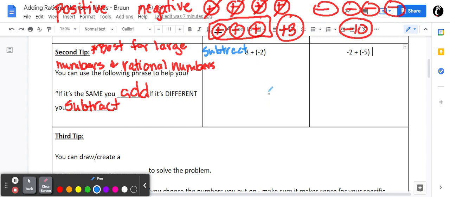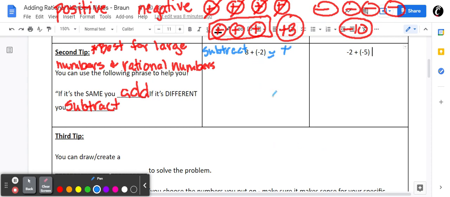And I also want to figure out first, is my answer going to be positive or negative? When we are adding, our answer will have the sign of the larger numerical, or larger number, like the numerical part. So I'm going to look at +8 and -2. 8 is bigger than 2, and 8 is positive. So my answer is going to be positive. So this is going to be a positive answer.